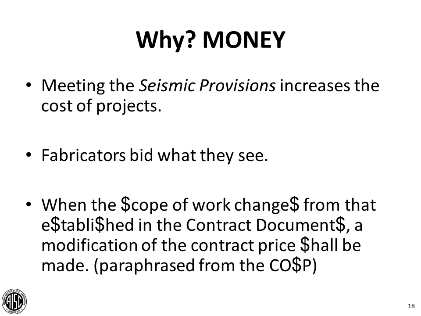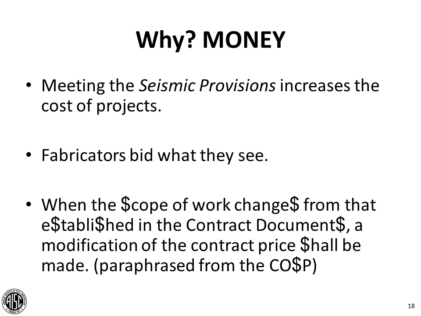Second point is, and we'll talk about this in a little bit more detail in a moment, but fabricators bid what they see. Essentially, that's what they're supposed to do when they get a set of contract documents. The Code of Standard Practice instructs them to bid what's in those contract documents, and it instructs the other parties, the owner's representatives, to ensure that all the information that's required is reflected in those contract documents.